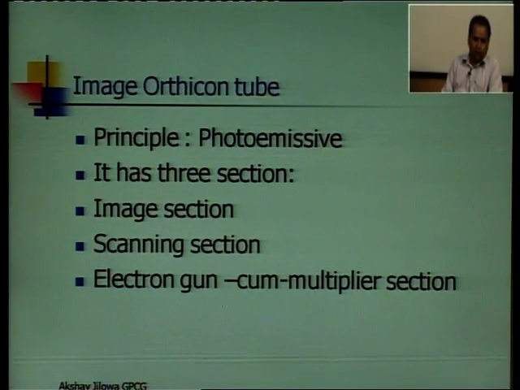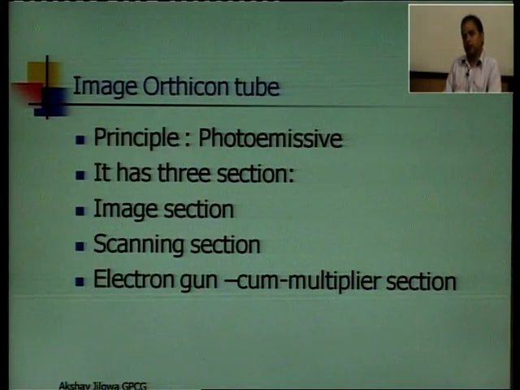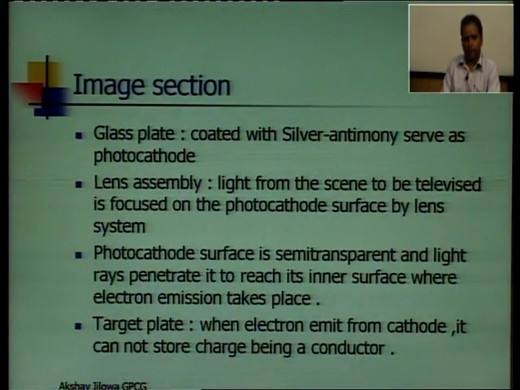Image Orthicon works on the principle of photoemission. It has three sections: image section, scanning section, and electron gun cum multiplier. This is a special tube which has an electron multiplier. Image section: it contains a glass plate, as I explained, coated with silver antimony, which serves as the photocathode.